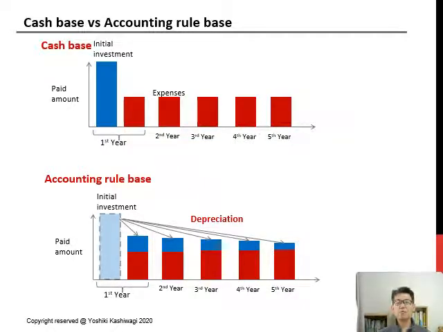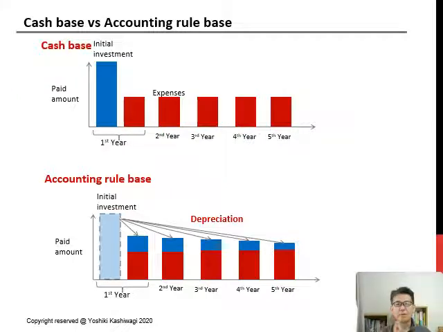That is called depreciation. So you depreciate the whole amount of the initial investment in the coming years. If you look at this chart, the blue boxes mean the depreciated amount in each year.